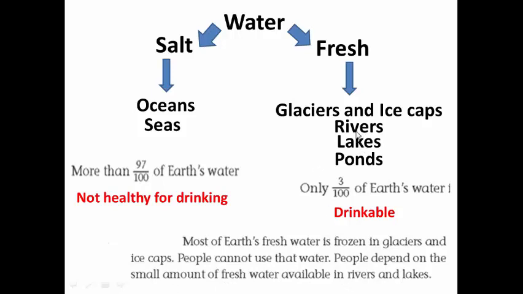We depend on rivers, lakes, and fresh water in ponds, after specific treatments. We will talk about this in the third session this week. So finally, it's a quick introduction about our week's topic, Earth's water.